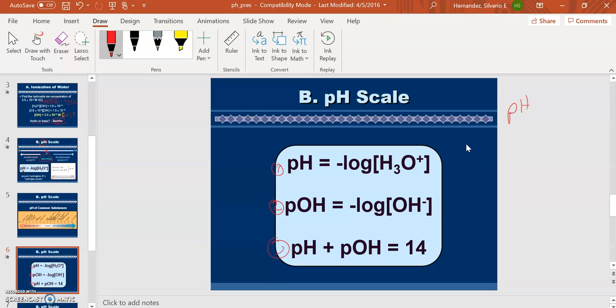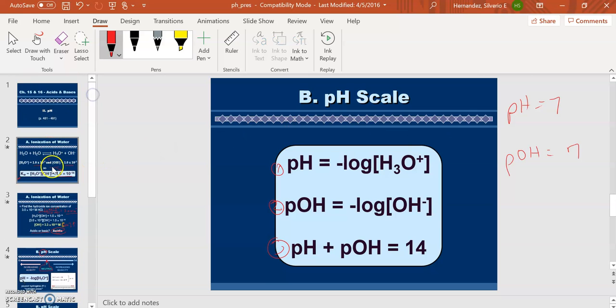If we take a log of 1 times 10 to the negative 7, we get 7. If we take a log of 1 times 10 to the negative 7 for the hydroxide, we also get 7. So this 7 for the pH came from the concentration of the hydrogen ion, or the hydronium ion, and this 7 came from the concentration of the hydroxide ion when they're found in a neutral solution.